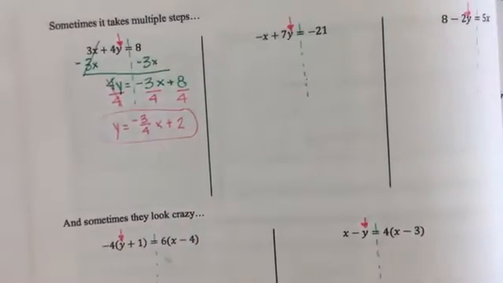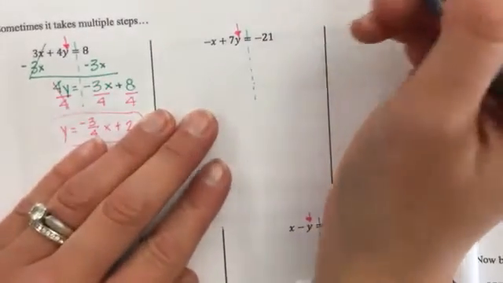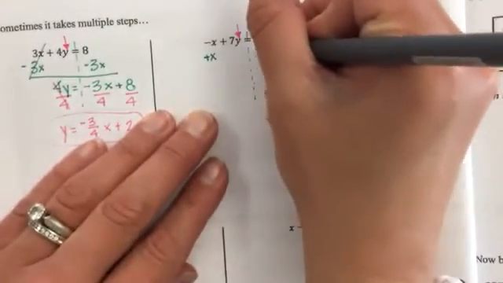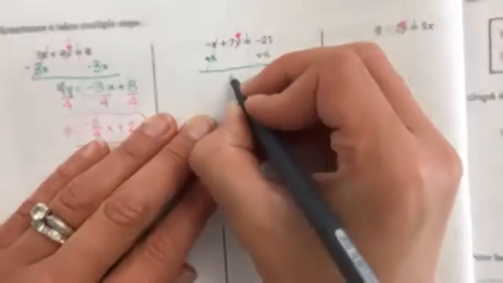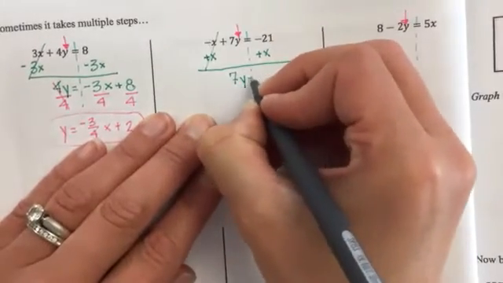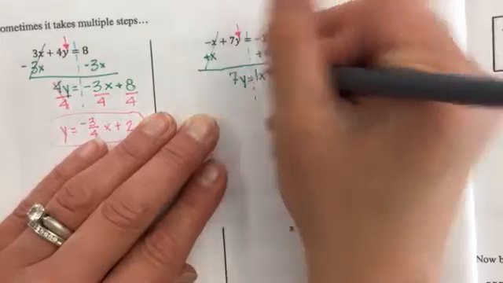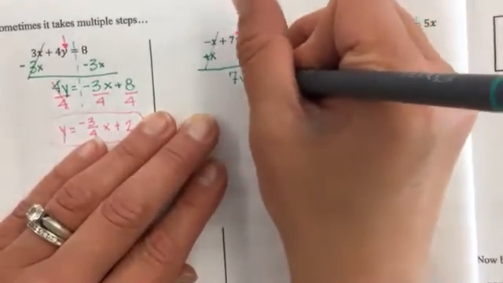The next one, if I have a negative x, how would I move it to the other side? Yeah, we're going to add it. Yep, it's okay, you got the right idea. So then those cancel, you end up with 7y equals just a positive x. And sometimes it's helpful to put a 1 there, okay? Doesn't hurt anything, kind of makes it more clear.